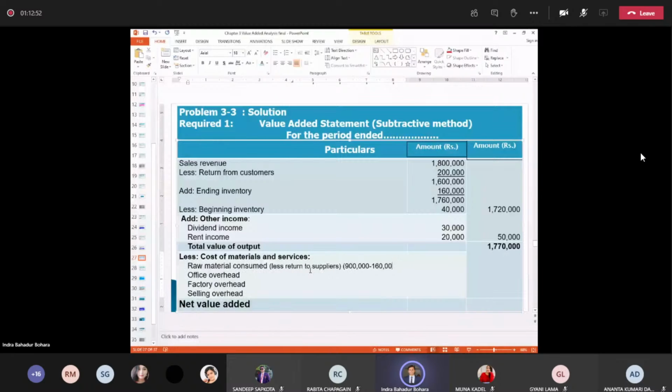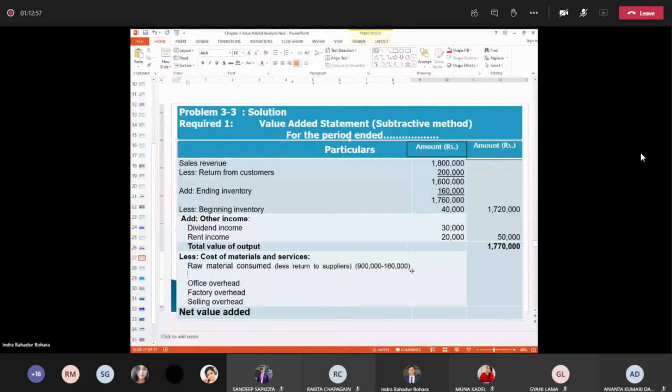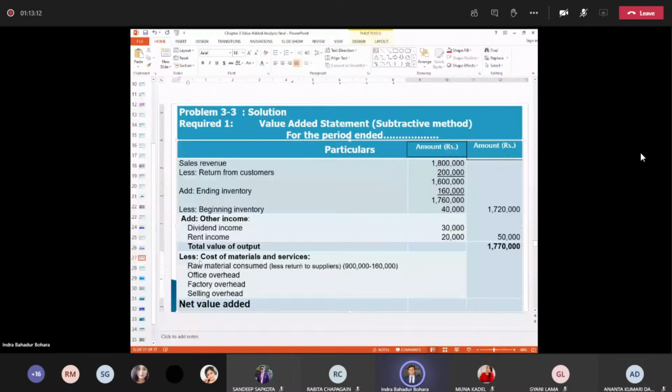How much is it? 7 lakh 40,000. And we are given factory overhead, office overhead, and selling overhead separately.